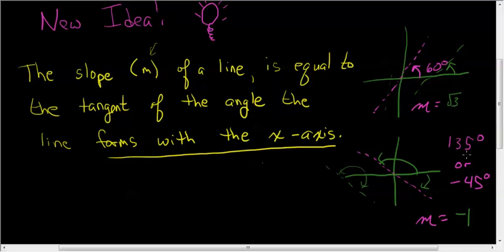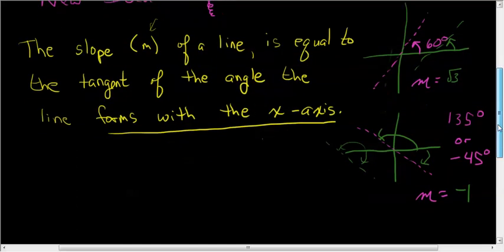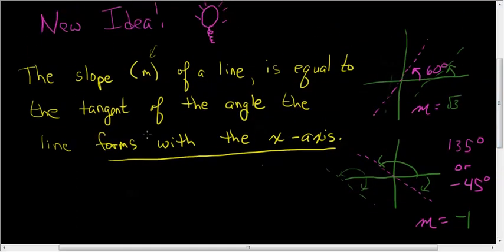The tangent of 135 is -1, that's the slope of this line. Or you could say the tangent of -45 is also -1. All right, so this brings us to a fairly new idea: the slope of a line is equal to the tangent of the angle.